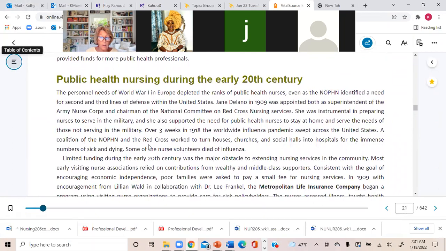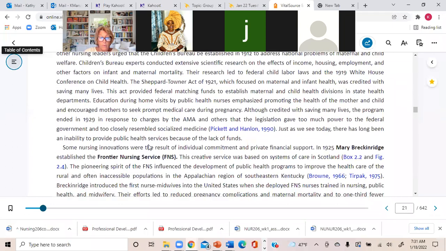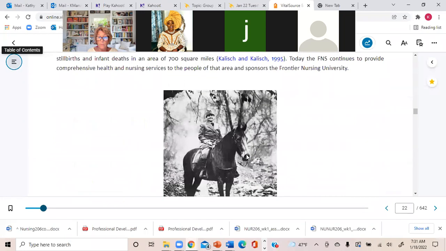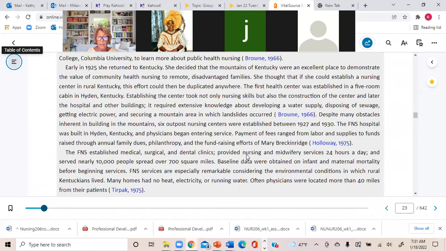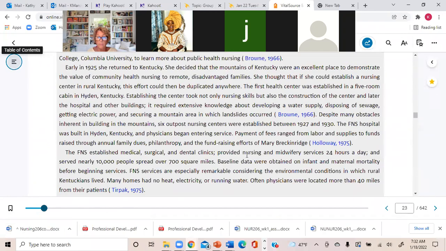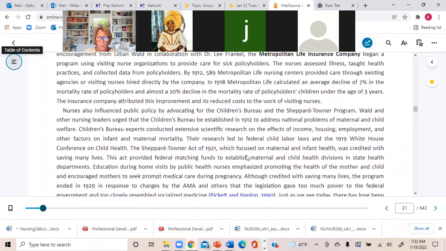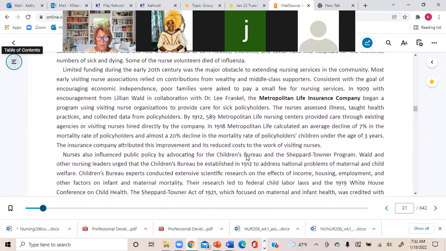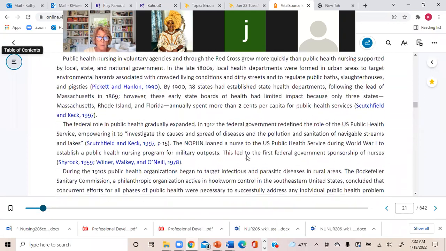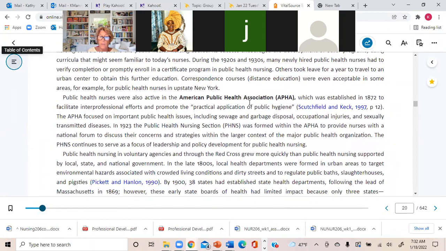So there's two areas that you need to know about. One is what were frontier nursing services and what were they used for? And the second one is the American Public Health Association.